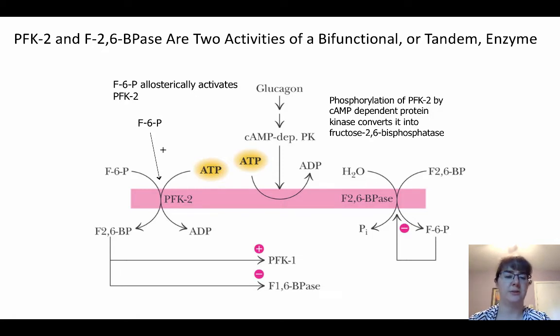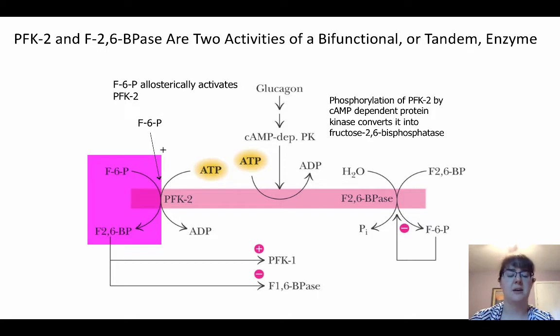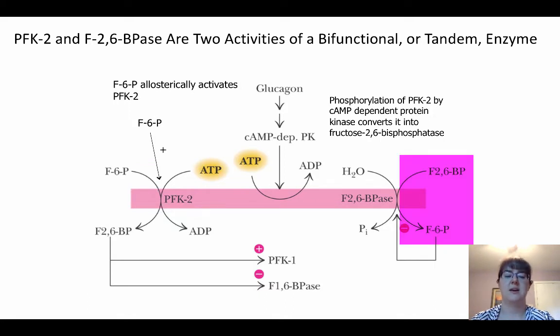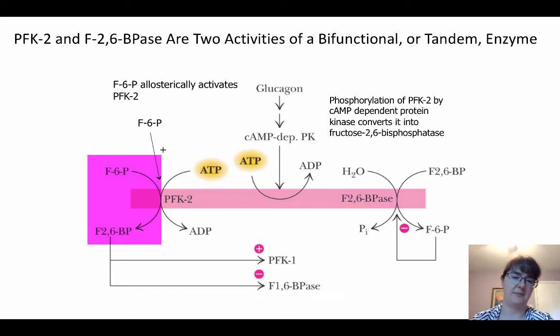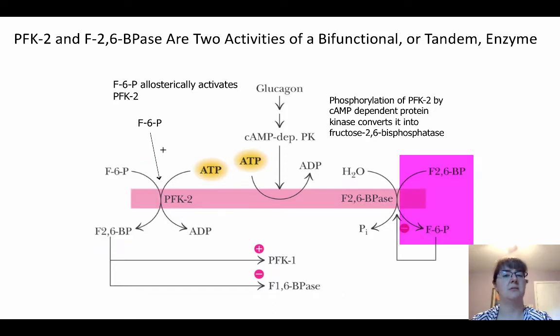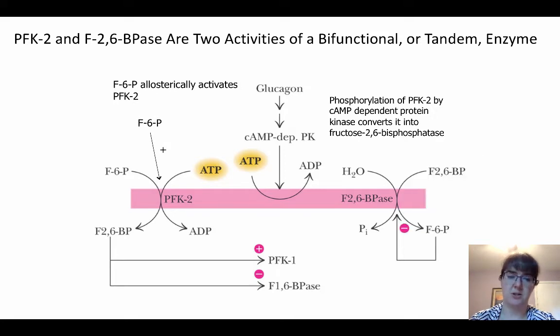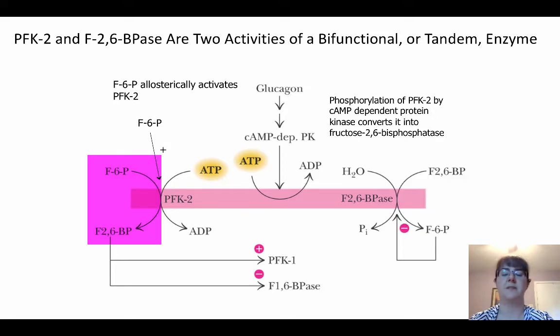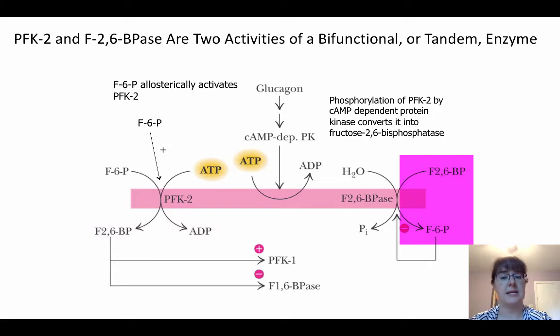So what this is trying to look at is how you can make fructose 2,6-bisphosphate or how you can get rid of it. Either you're going to have a kinase, which can put on that phosphate, or a phosphatase, which will remove the phosphate. The kinase reaction is on the left, the phosphatase reaction is on the right.